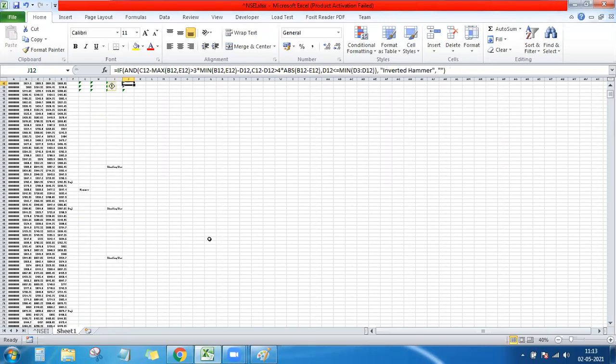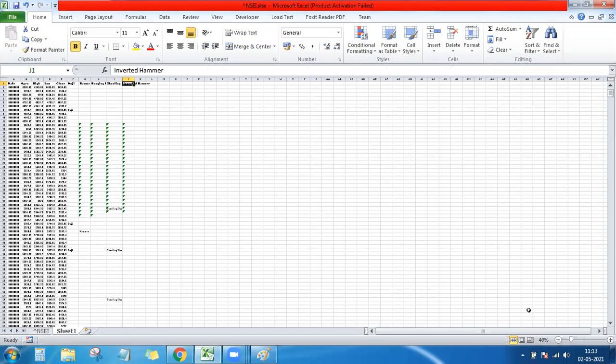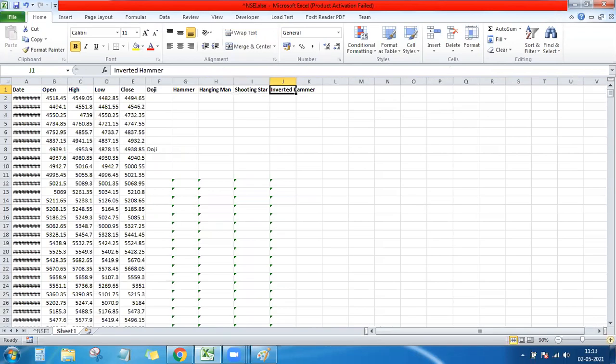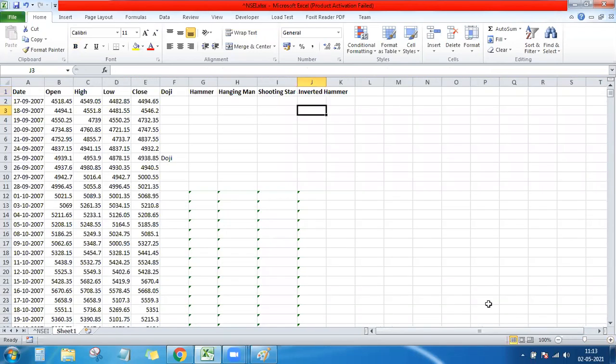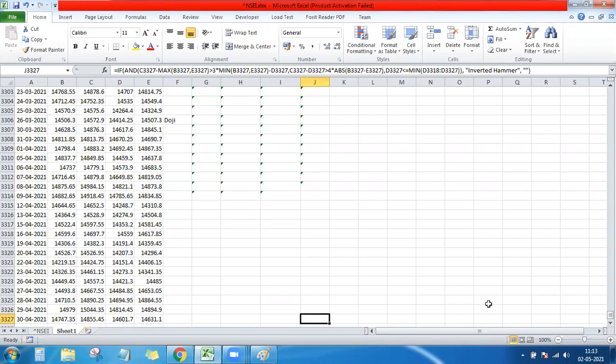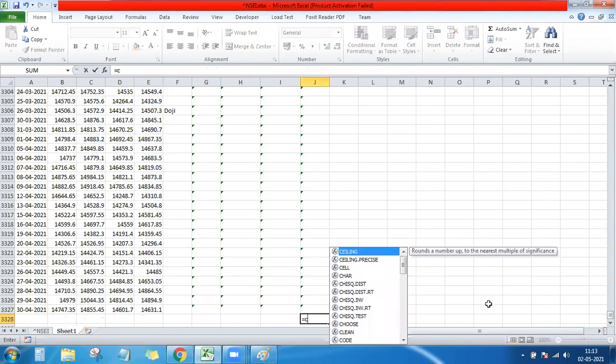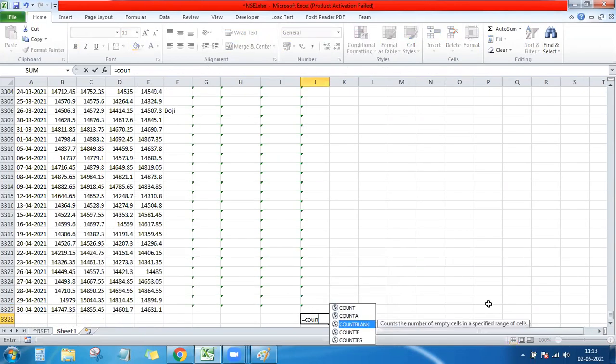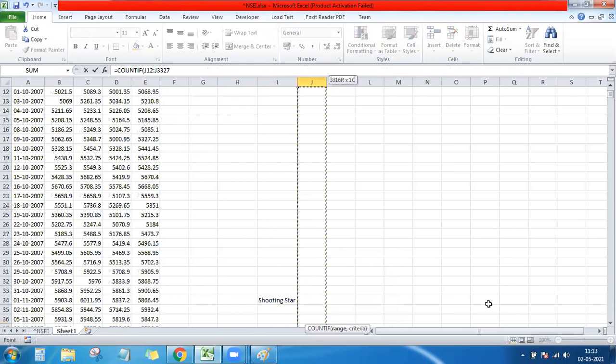Or else we can even count actually. If there are really any inverted hammers, we can use the formula COUNTIF. What is the criteria?